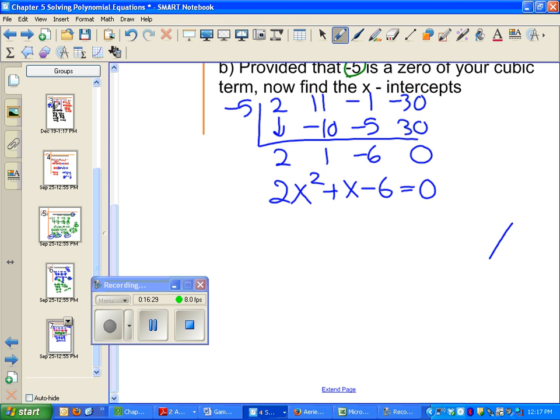Let's see, so we're looking for something that multiplies to negative 12, adds up to positive 1. We put 2x and 2x here. And then if you're doing it by writing the factors, we have 1x and 2x. 6 can multiply to 1 times 6 and 2 times 3, and you're looking for a difference of positive 1.